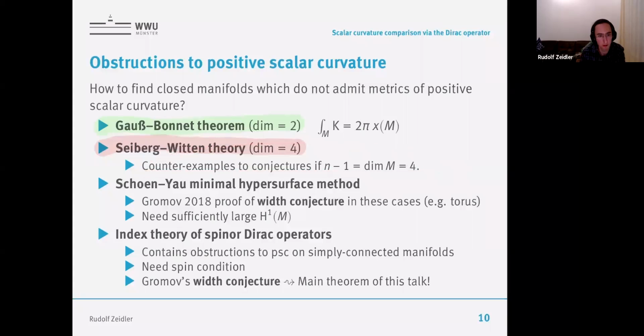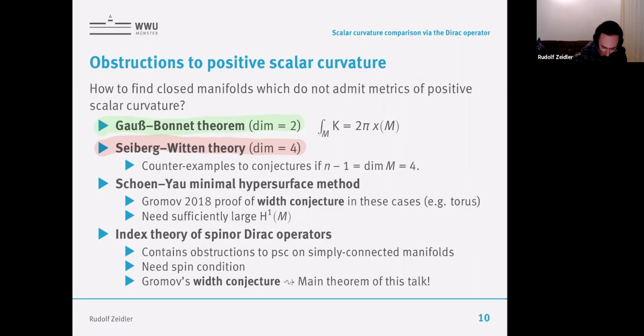So there are some subtleties here. It's not false for all 4-manifolds. There are 4-manifolds where it's true, but there are also 4-manifolds which don't admit positive scalar curvature and where this conjecture is not true.